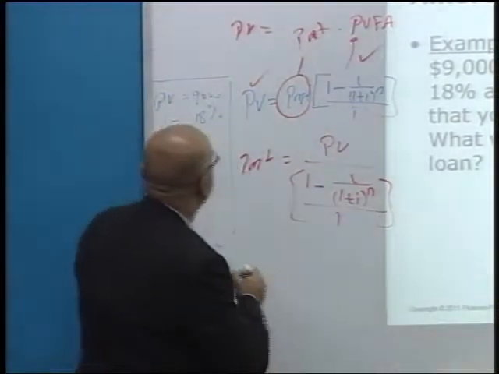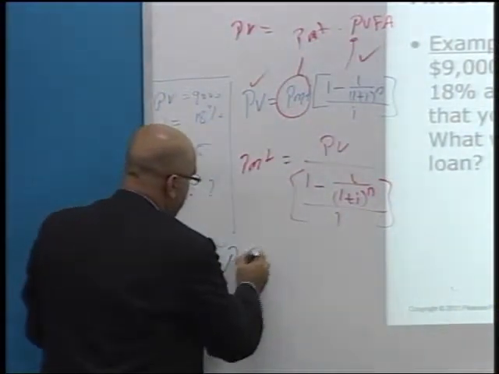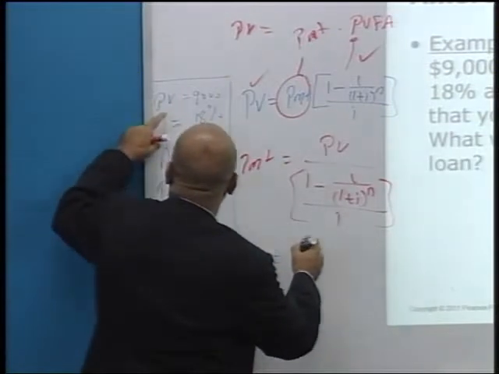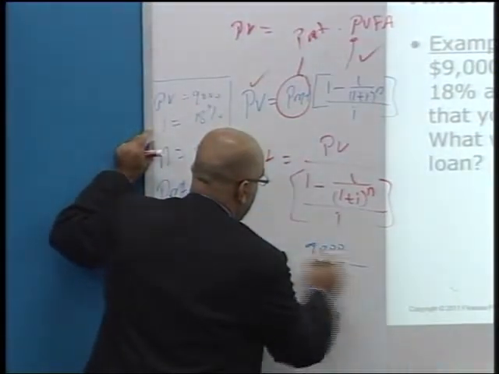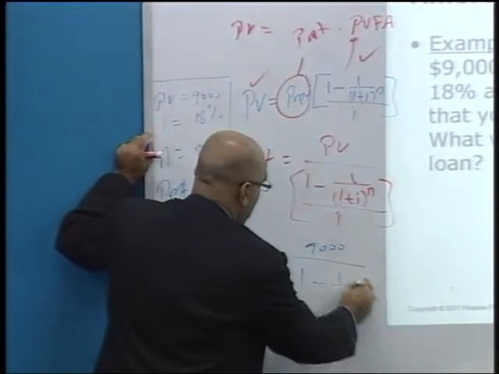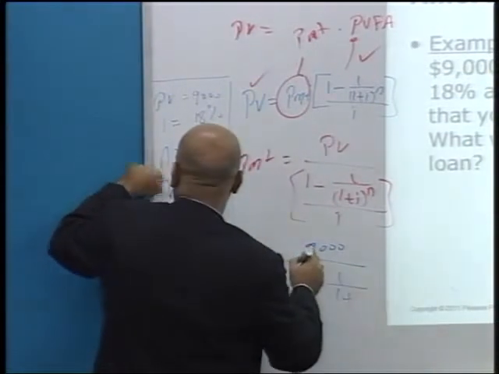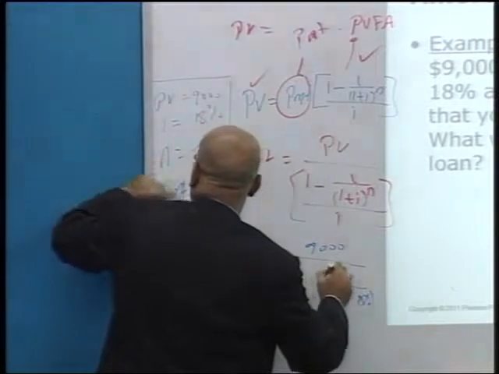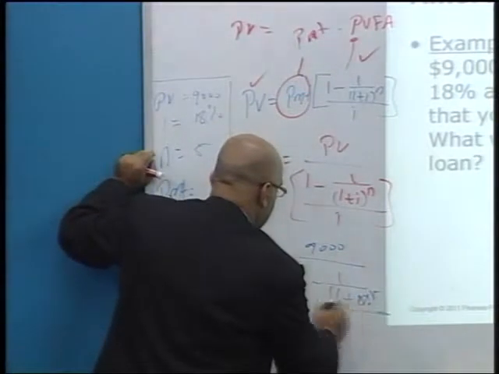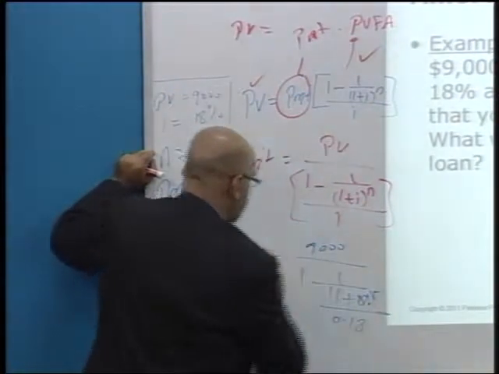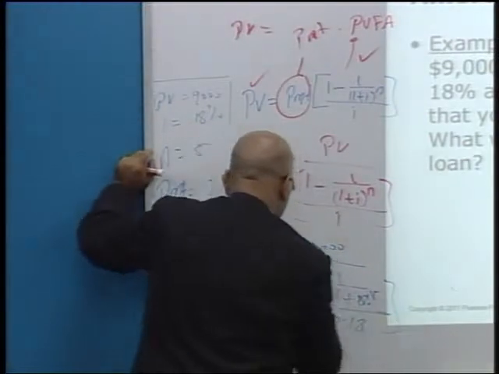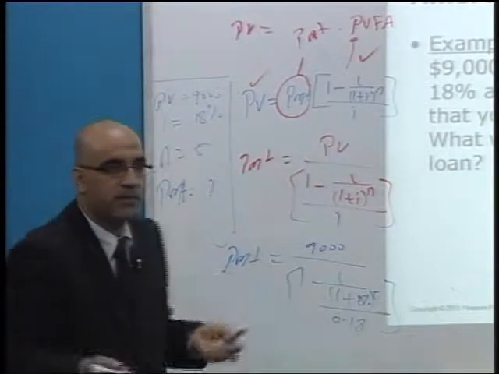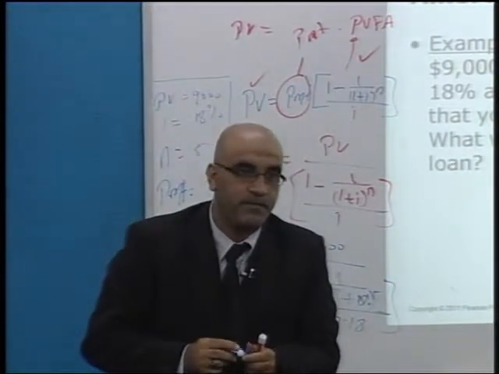So in this case, the present value is 9,000, divided by (1 minus 1 divided by (1 plus I, which is 18%) raised to the power n, which is 5), divided by 18%. Just very simple mathematical things.